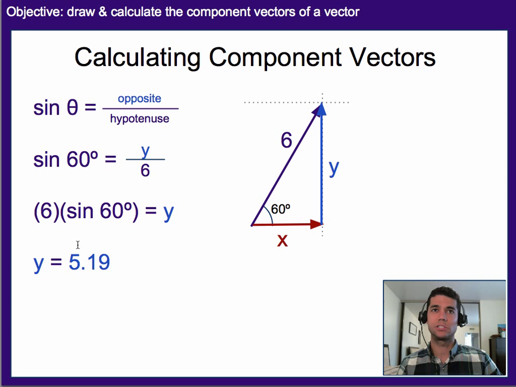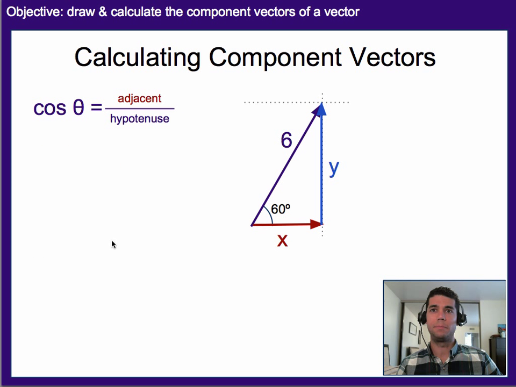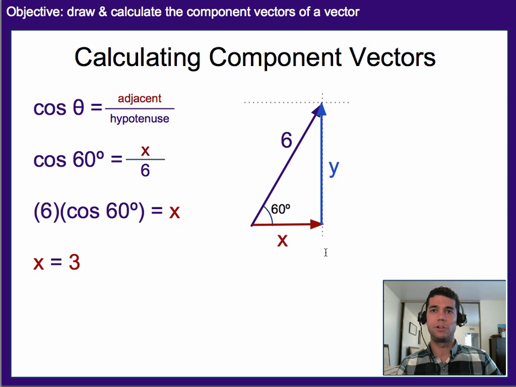If you wanted to do the x component, you do the same thing, but this time you're using the adjacent side compared to the hypotenuse, and that's cosine, equals adjacent over hypotenuse, or SOHCAHTOA, to help you out with that. We don't know the value of x, so we plug in x as a variable. We do know that the hypotenuse is 6.